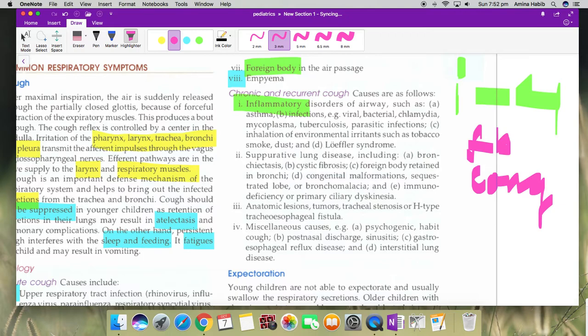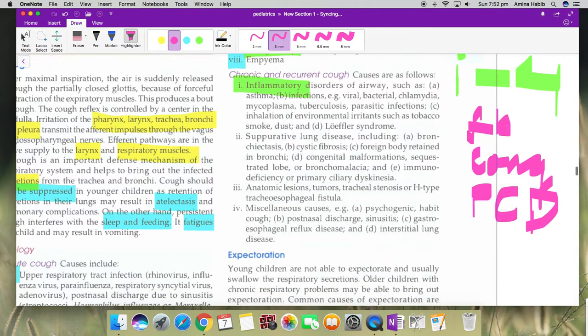Then a condition called primary ciliary dyskinesia, PCD, it's immune related. So these are the vague things: foreign body, some congenital problem, primary ciliary dyskinesia. Just remember all 3 of them as vague things.